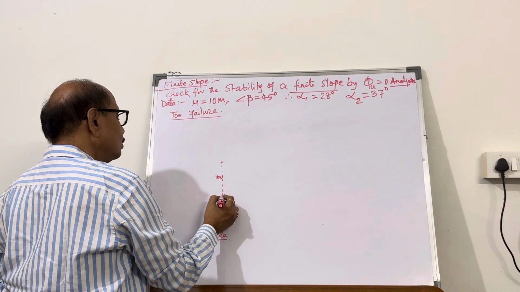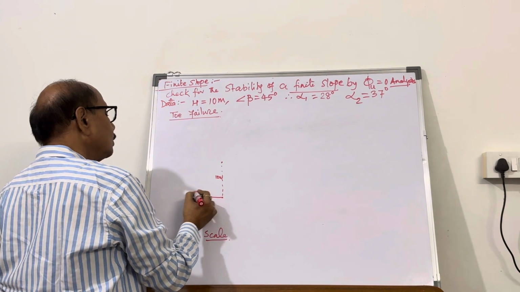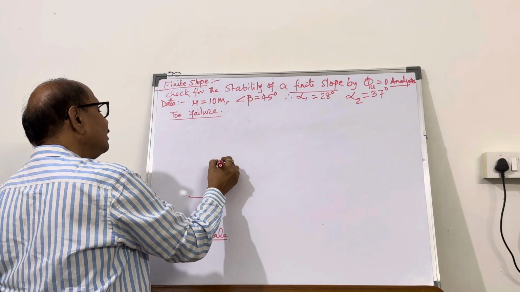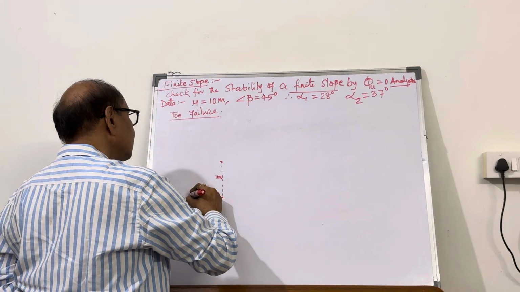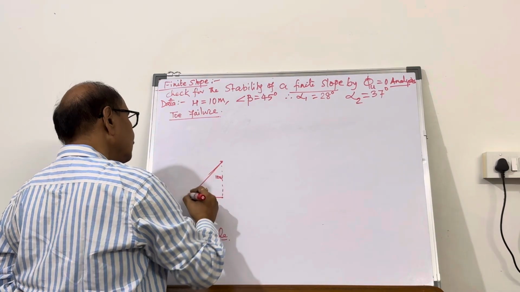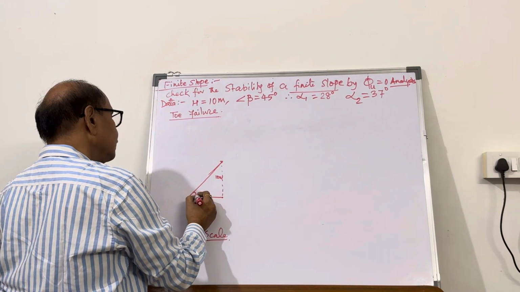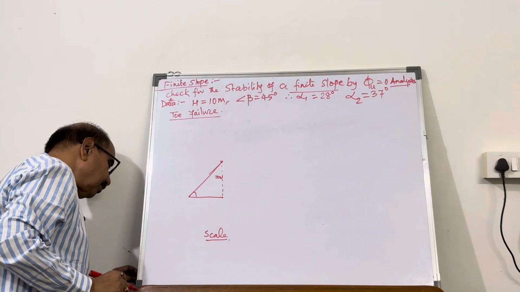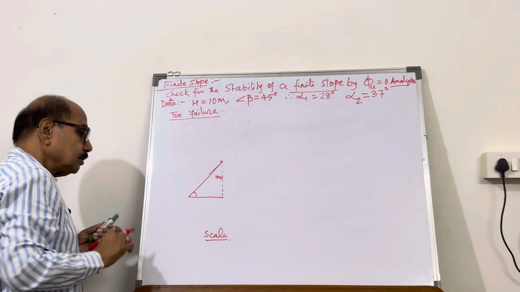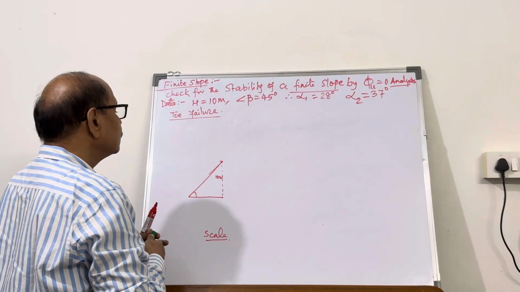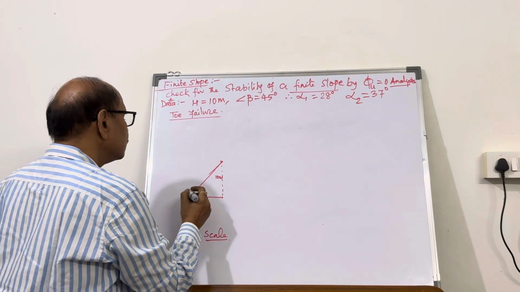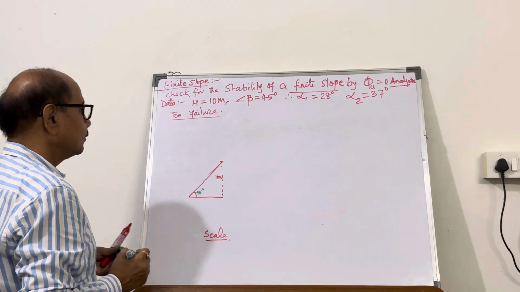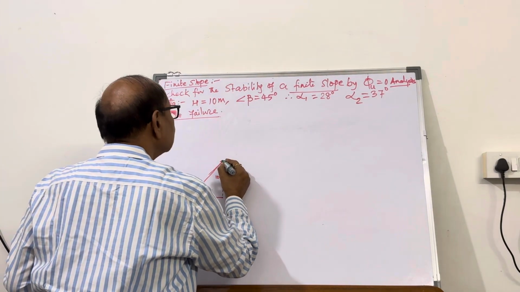So if you go by the same distance and join these 2 points, this angle is going to be 45 degree. So this is the slope.